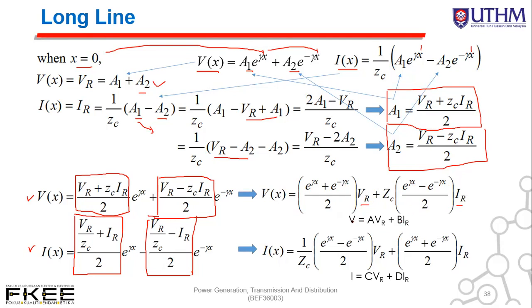If we look at our ABCD model, V equals A VR plus B IR, so this one can be represented as A and this one as B. Similarly for current Ix, we can take out VR and IR from the equation. So we got C equal to 1 over Zc times (e^(γx) minus e^(−γx)) over 2, while D equals the A parameter, that is (e^(γx) plus e^(−γx)) over 2.